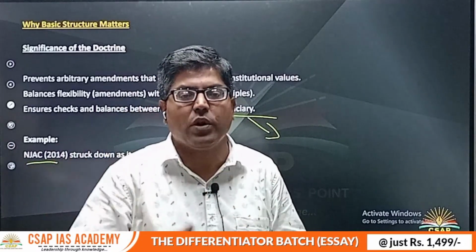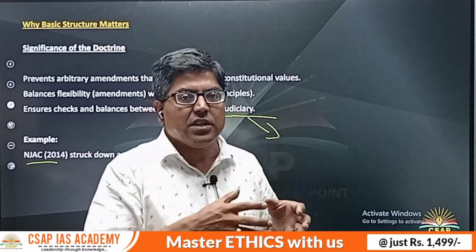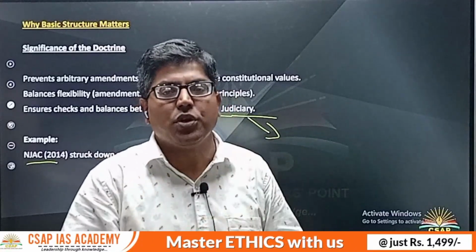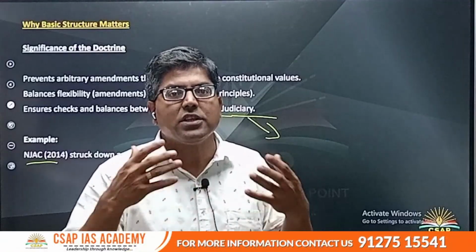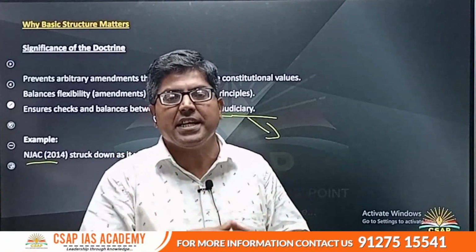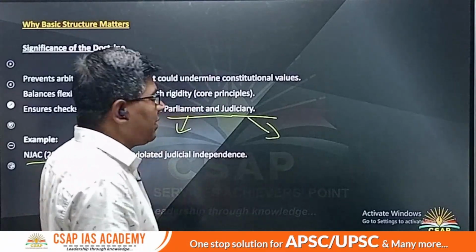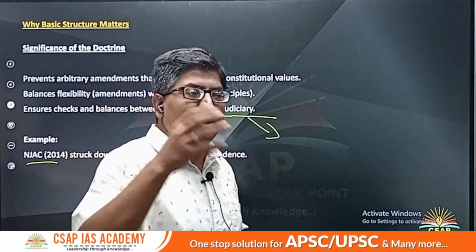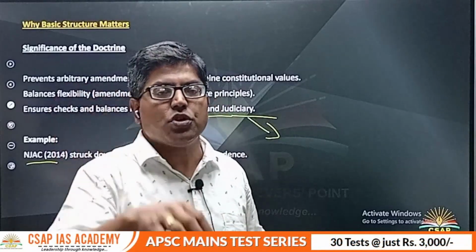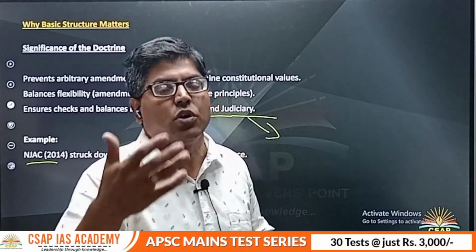Currently we have this collegium system, and when this was taken up by the Supreme Court, what did the Supreme Court do vis-a-vis the NJAC? The Supreme Court said that it was unconstitutional; the 99th constitutional amendment was declared unconstitutional.